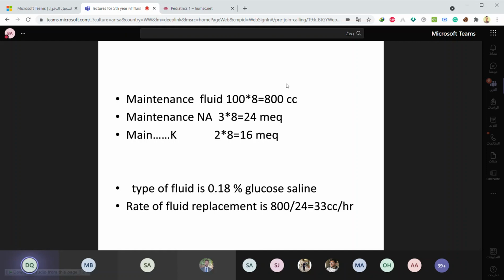So we use this type of IV fluid because it has the lowest sodium concentration we have, this 0.18 or 0.2%. Each 1000 cc of it contains 30 milliequivalent sodium. My patient needs 24 milliequivalent sodium, so the closest IV fluid available in hospitals is the 0.18% glucose saline.